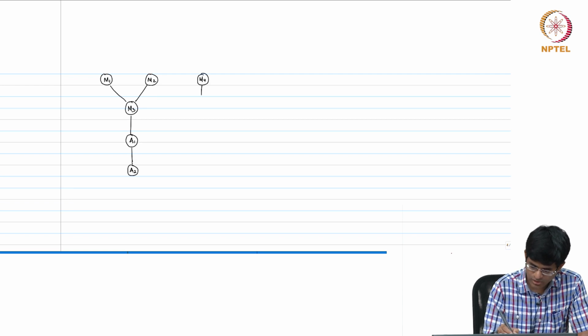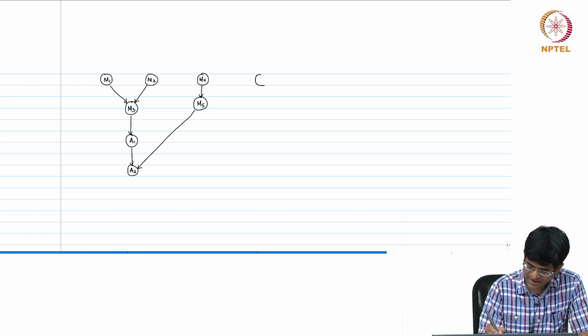So we have M4, then we have M5. M5 output is used by A2. So all of these are directed edges. Similarly, what I can say finally is there is an M6 whose output is used by A3, and finally there are 2 more operations, A4 and A5.